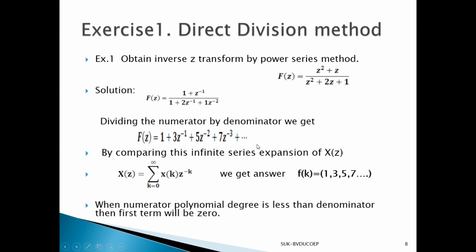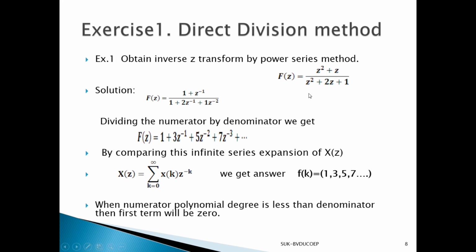Just as we did division at normal school level, try to do the division in the same way, and we compare this with the expression x(k) z raised to minus k. So z raised to 0, z raised to minus 1, z raised to minus 2, like that. So first is 1, then 3, then 5 and 7, like that.